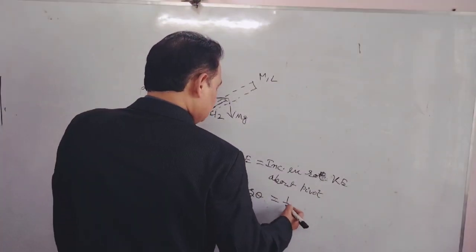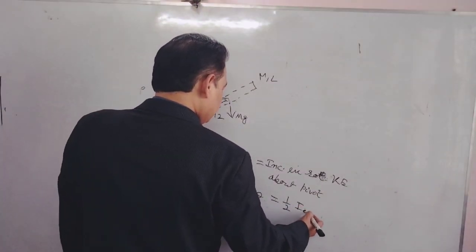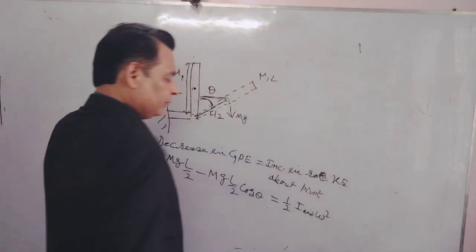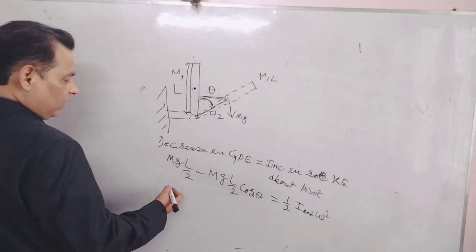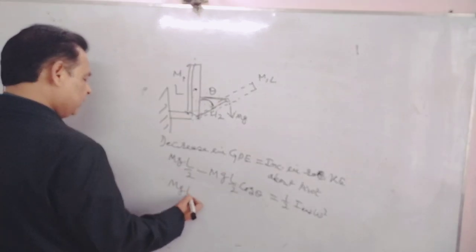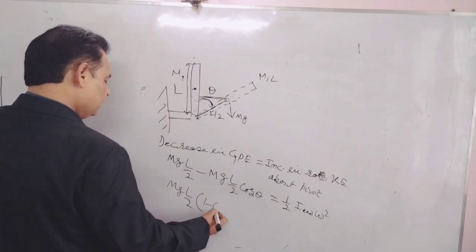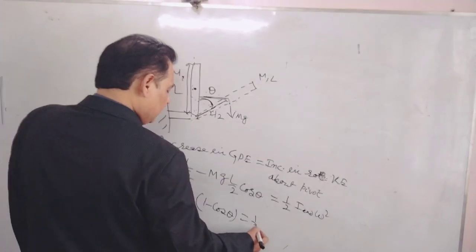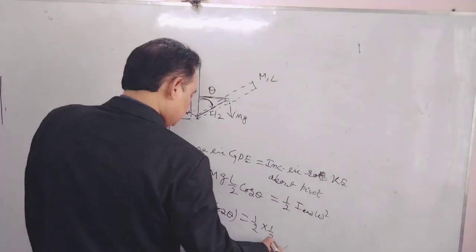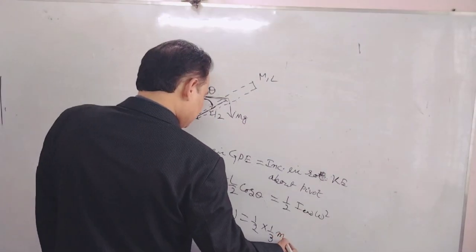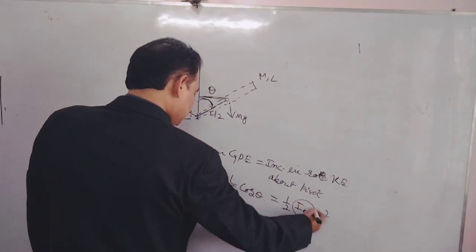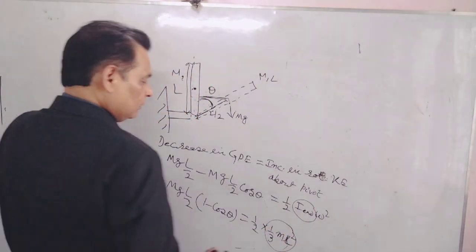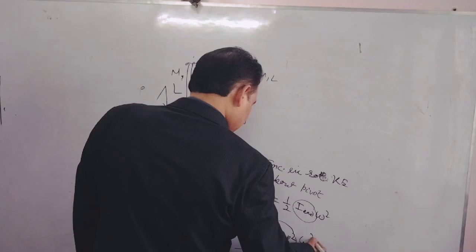That equals the increase in half I about one of the end, omega square. Here we have mg L by 2 times 1 minus cos theta equal to half I, where I is 1 by 3 ml square, the same L is here, omega square.